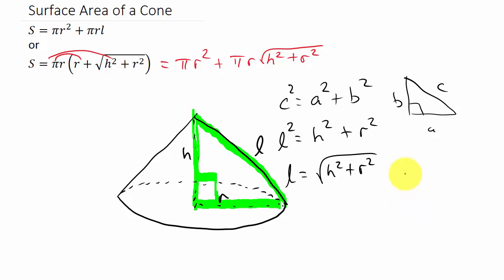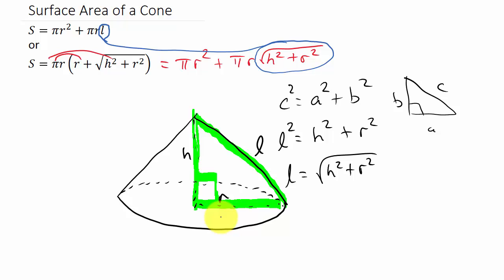So all they did is they took this and said, you know what? That's L. That's your slant height. Same formula. All they did is put L in terms of h and r.